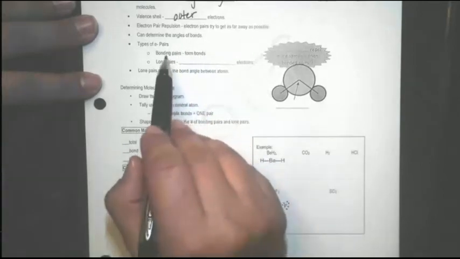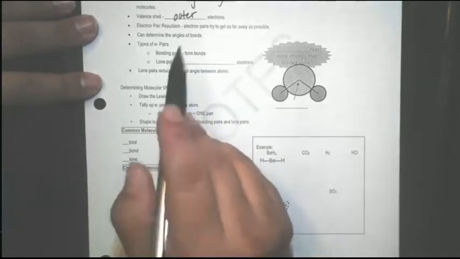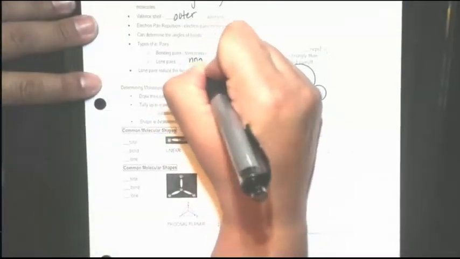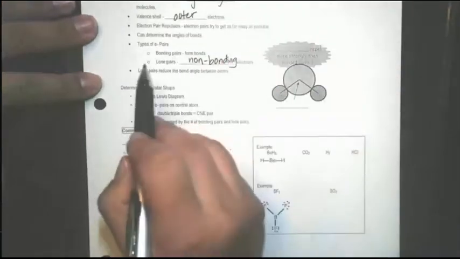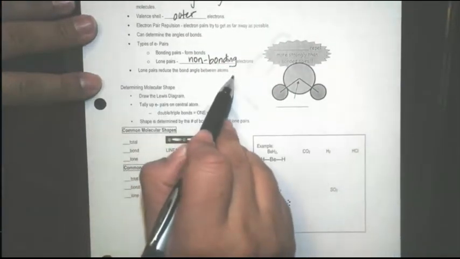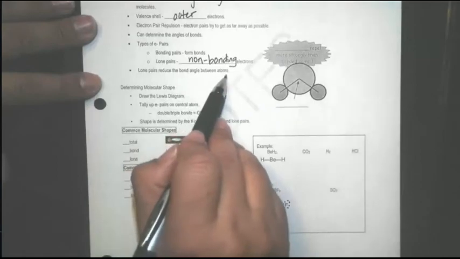What we have to know is that there are bonding pairs that form bonds, and then there are lone pairs, which are non-bonding pairs. Lone pairs reduce the bond angle between atoms.